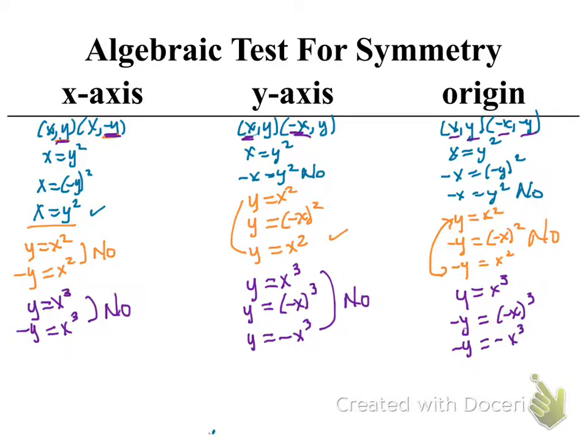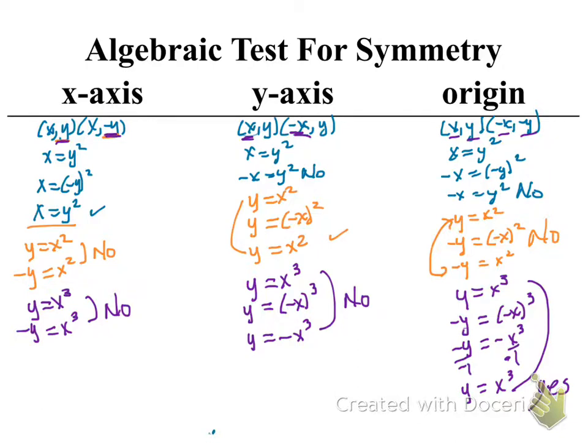Well, that I could simplify because I could divide through by a negative 1. When I divide by a negative 1, I go back to y equals x cubed, the same equation I started with. So it is symmetric to the origin.